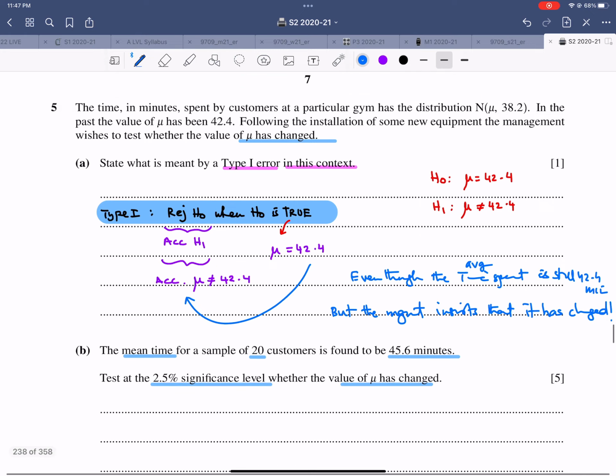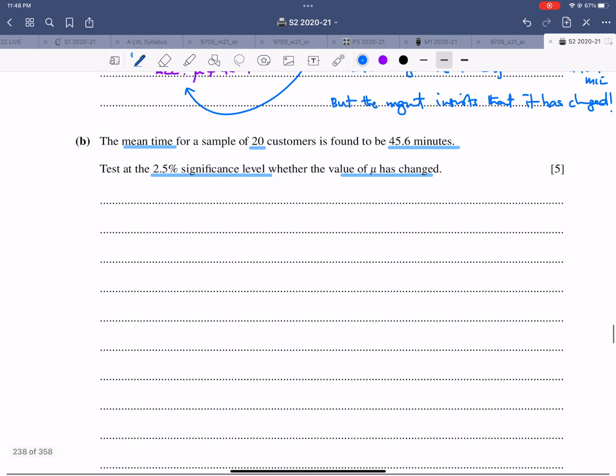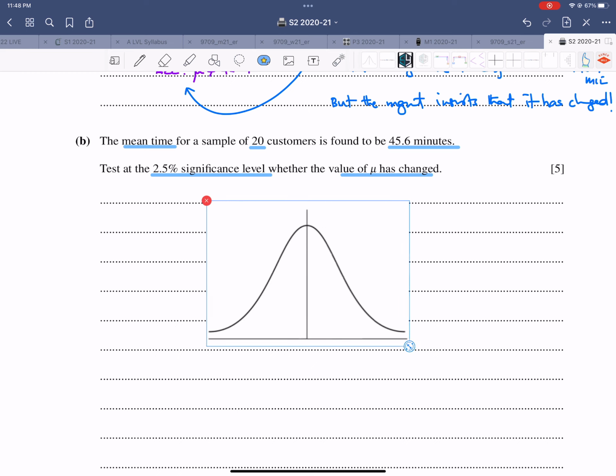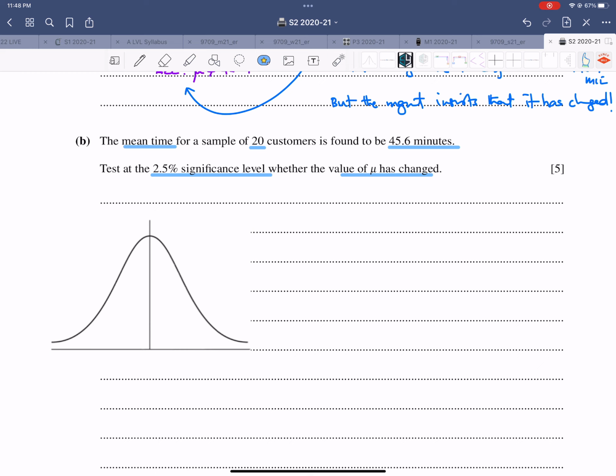Now it says we have to calculate the 2.5% significance level, and that's a two-tail test. So first of all, let me draw a normal distribution curve. So this is a normal distribution, and 2.5% is split equally.